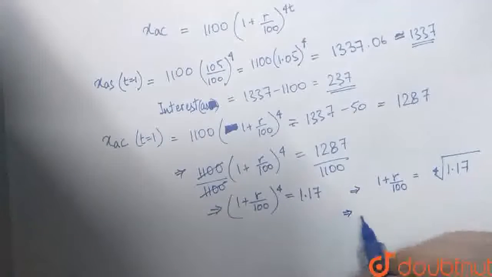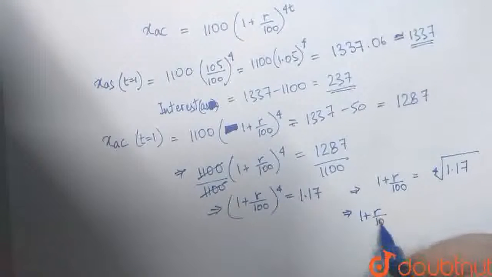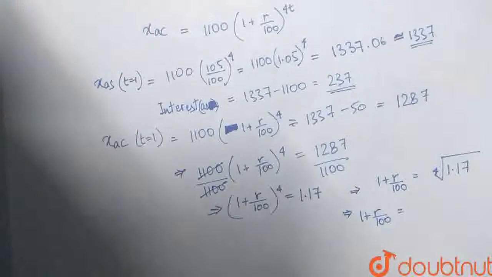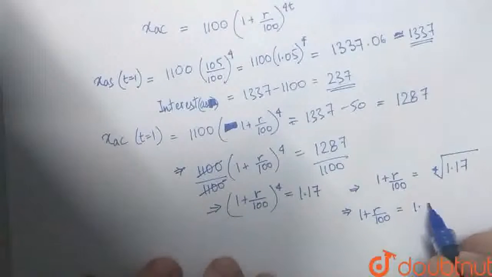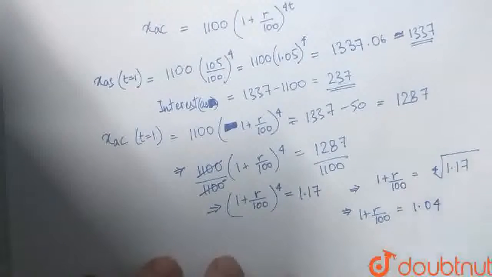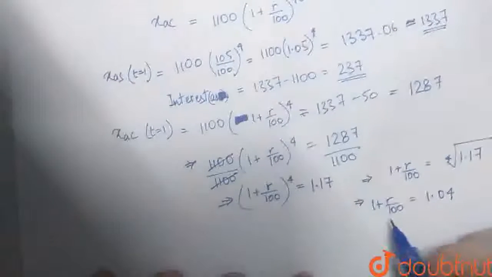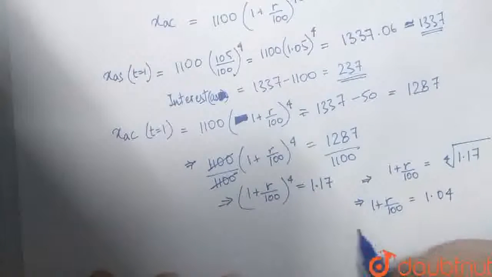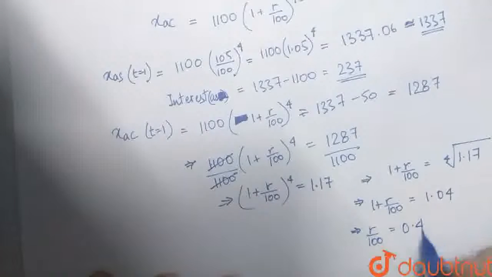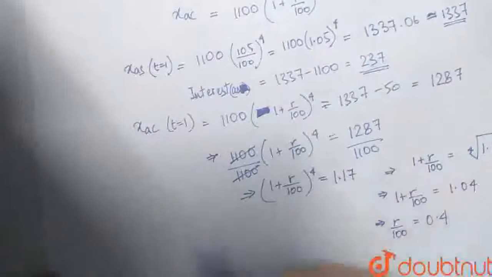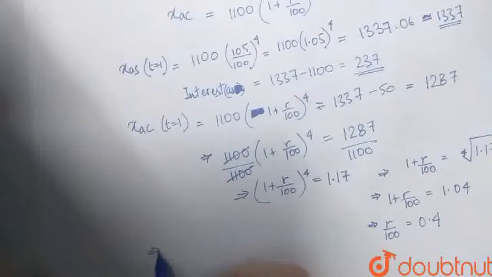Which comes out to be, on the left hand side, 1 plus r by 100, and on the right hand side, 1.04, right? So now we can subtract 1 from both sides. So we have r by 100 on the left hand side and 0.04 on the right hand side, which means, I'll write it down here.